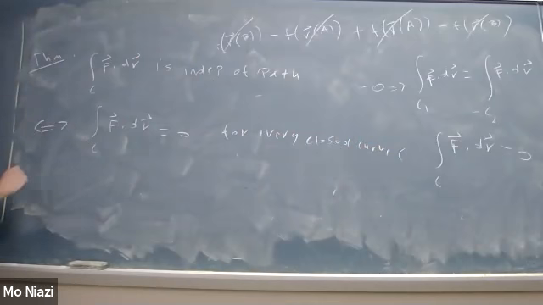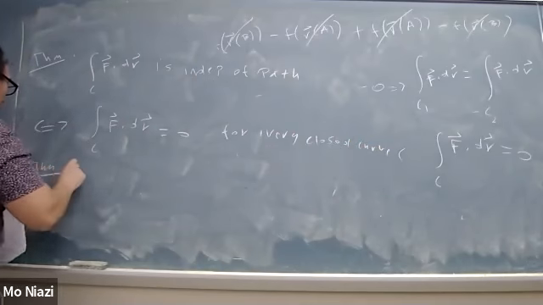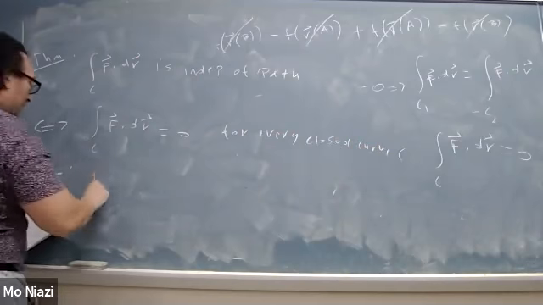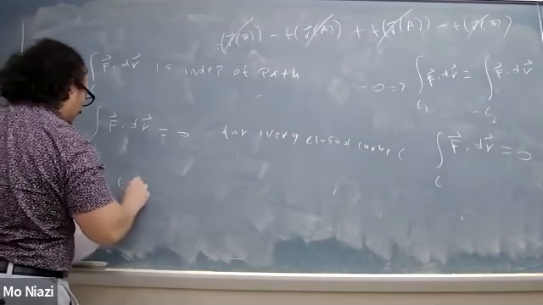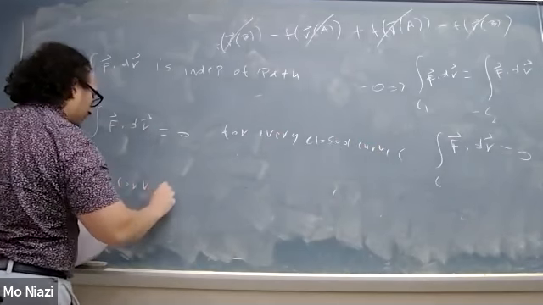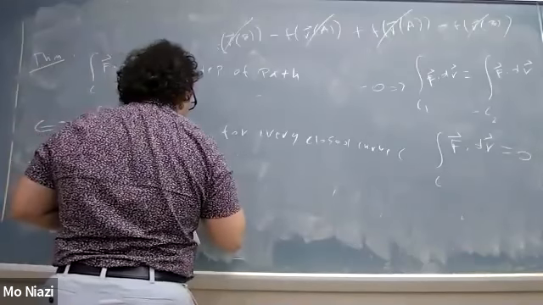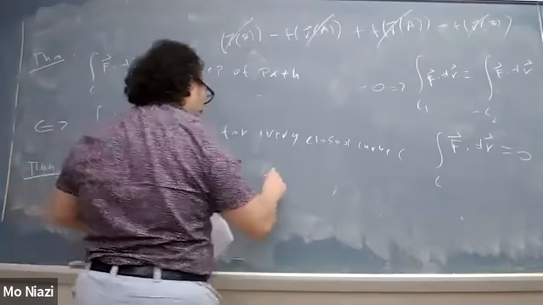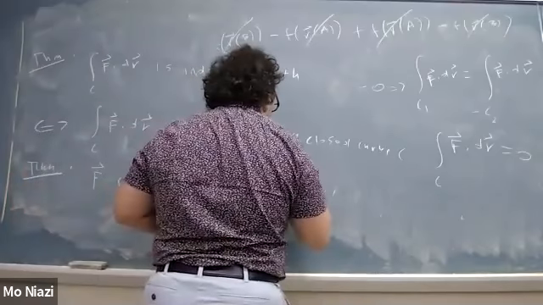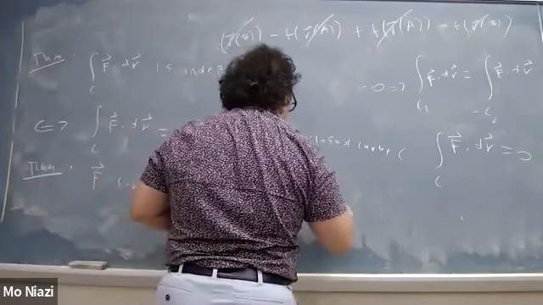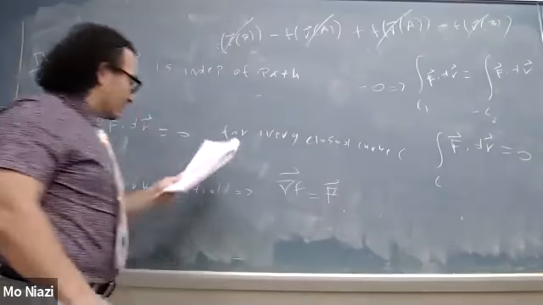Okay. Another theorem that we won't prove is that if F is a conservative vector field, that implies that there exists a potential function such that the gradient of this potential function is equal to the vector field.